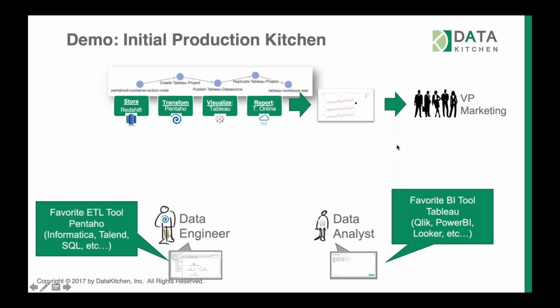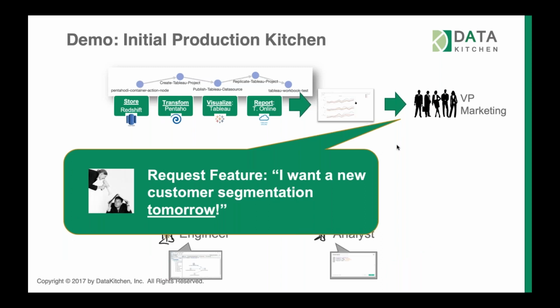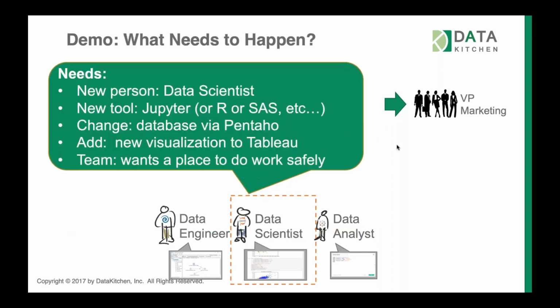And in the story, the VP of marketing says, I want a new customer segmentation tomorrow. So how can this team develop and deploy something rapidly and without breaking things? So there's a few needs. There's going to be a new person to do that segmentation, and that new person is going to be a data scientist.